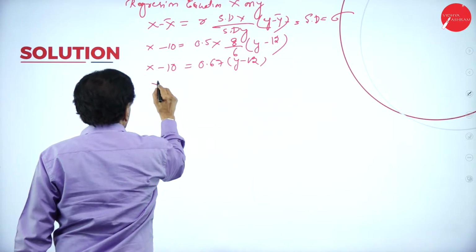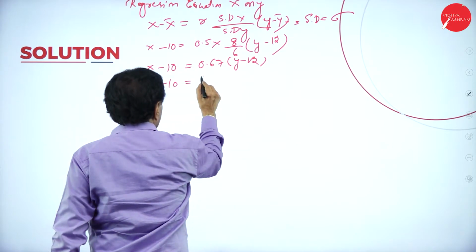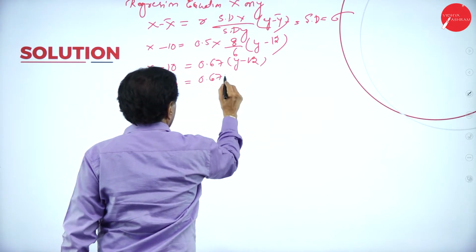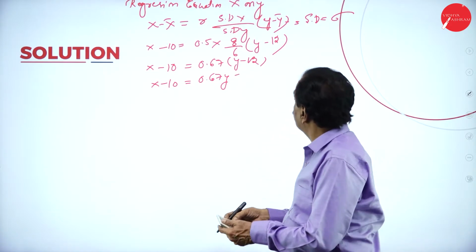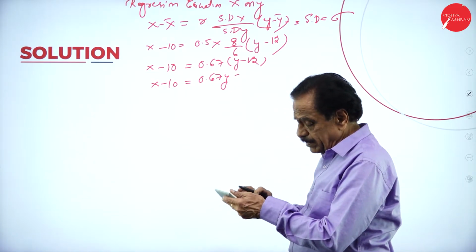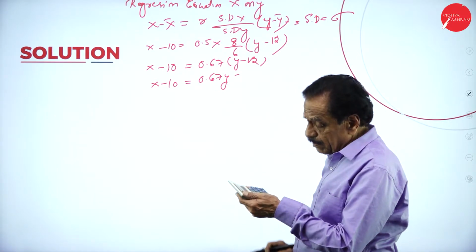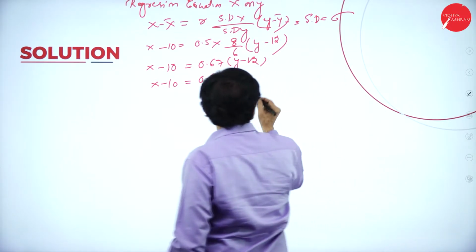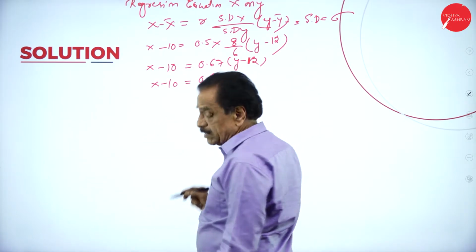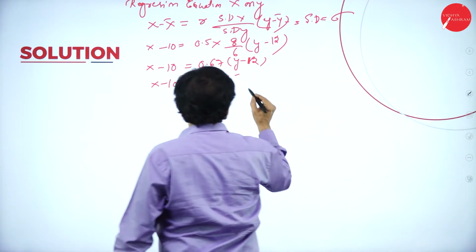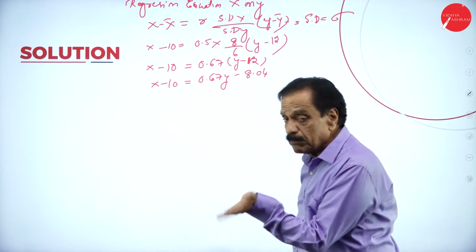X minus 10 equals 0.67y minus 0.67 into 12, which is 8.04. Take the y to that side and the numbers to this side.